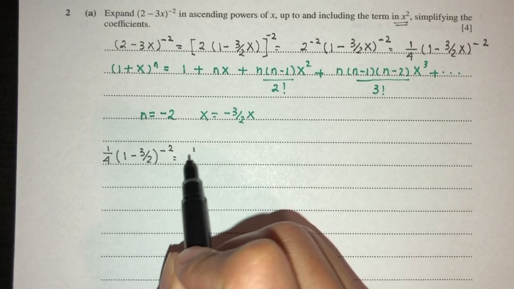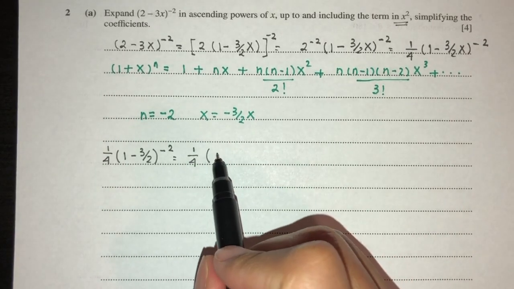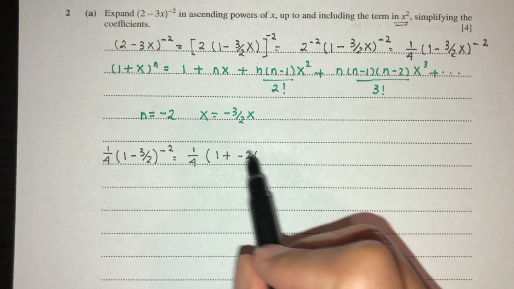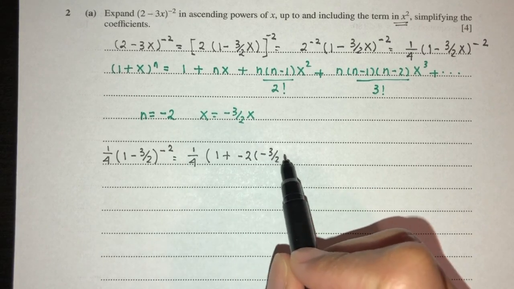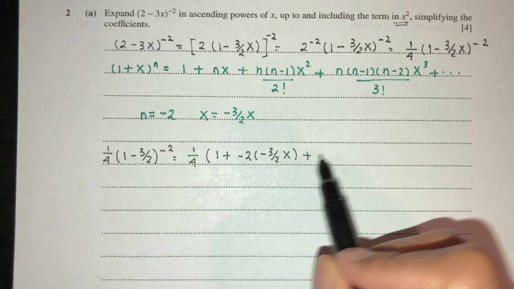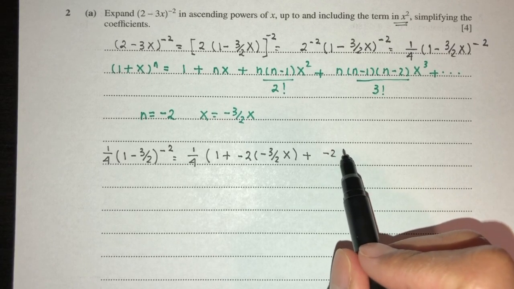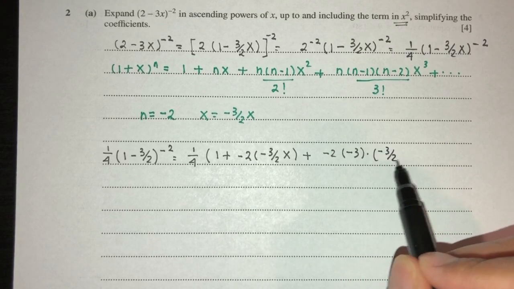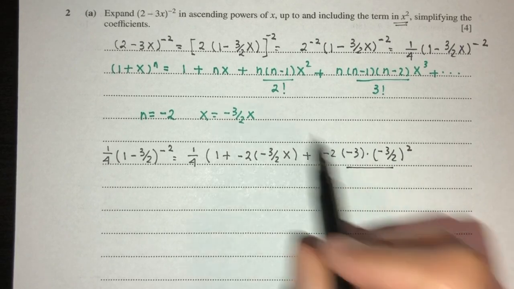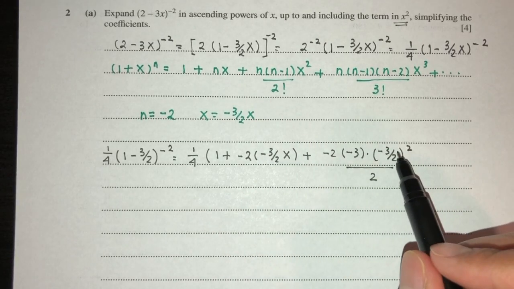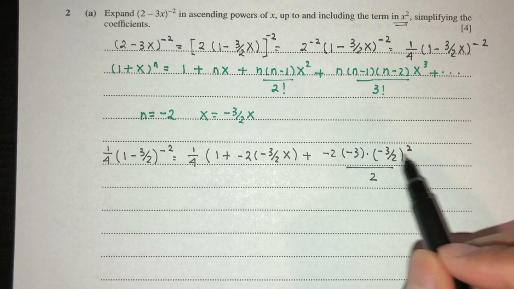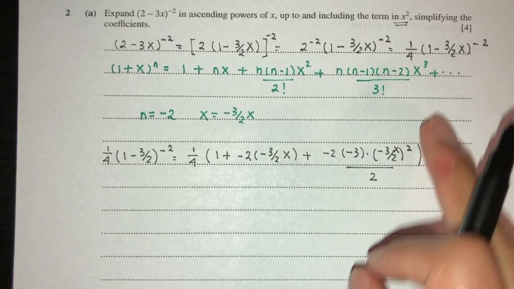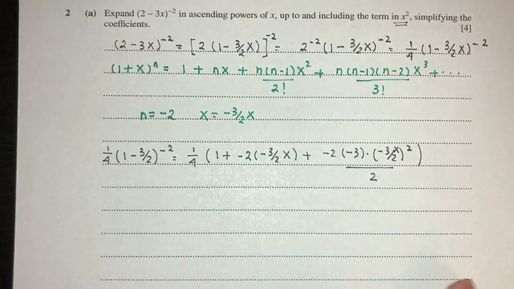That will be 1 over 4 times, we have 1 plus n which is minus 2, times x which will be minus 3 over 2 x, plus n again, that will be minus 2 times minus 3 over 2 x squared divided by 2 factorial, which is 2. So we forgot the x here, so let's put x in here. We only have to expand until here because we're only interested until the term in x squared.